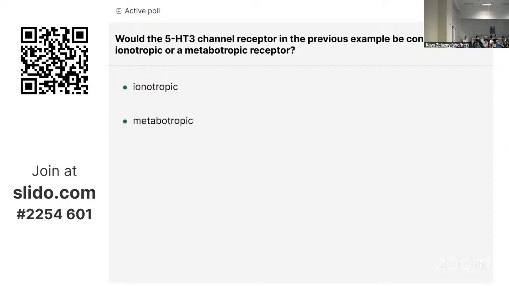So if we directly open a channel, when a neurotransmitter binds into that channel as a ligand, what's the name for that? The other way we refer to it. This is not working. No G protein here. Just channel linked. So directly linked to the channel.